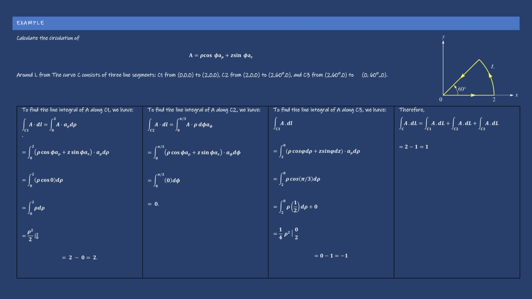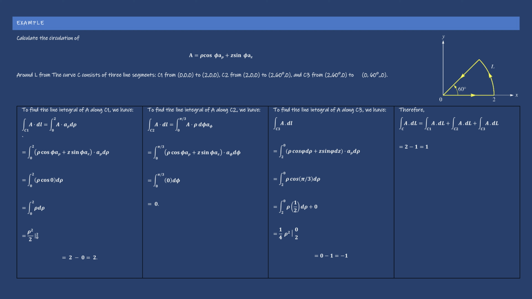The dot product of A and the differential vector leaves the rho component, so the line integral along C3 is the integral from 2 to 0 of rho cosine pi over 3 d rho, which is equal to a quarter times rho squared evaluated from 2 to 0, which is equal to negative 1.